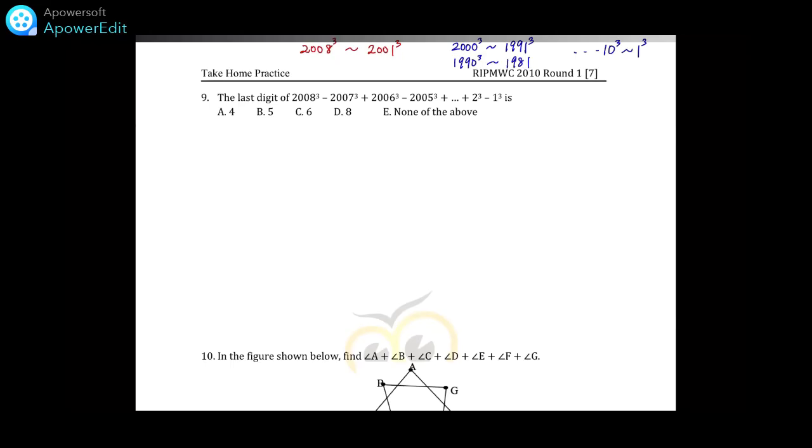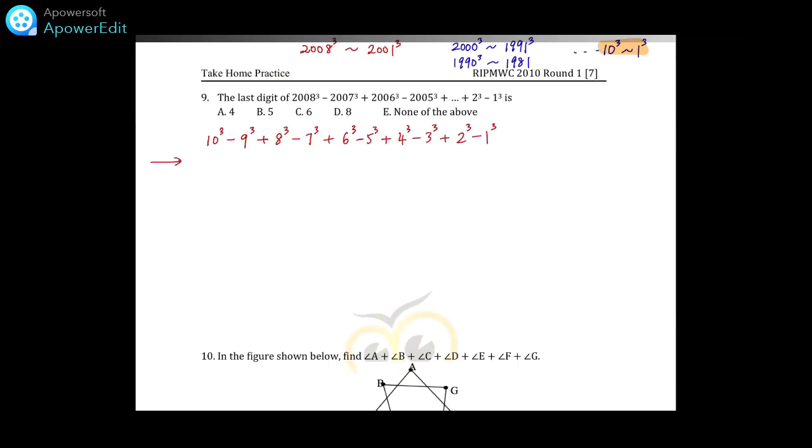Okay, so let's find the last digit. Now, for simplicity, because the last digit for each group is the same, let's just check the last group. It's from 10 cube to 1 cube. So 10 cube minus 9 cube plus 8 cube minus 7 cube plus 6 cube minus 5 cube plus 4 cube minus 3 cube plus 2 cube minus 1 cube.